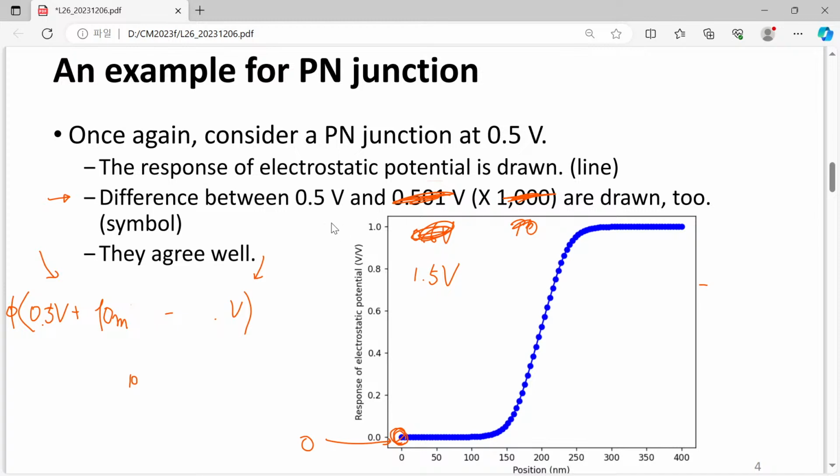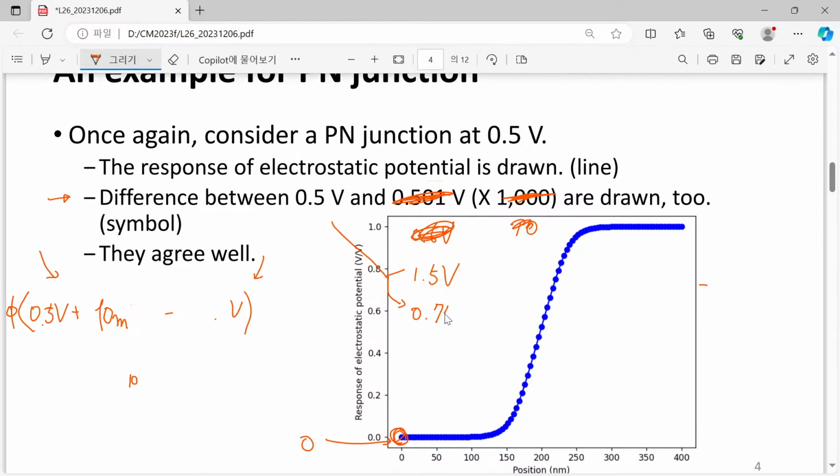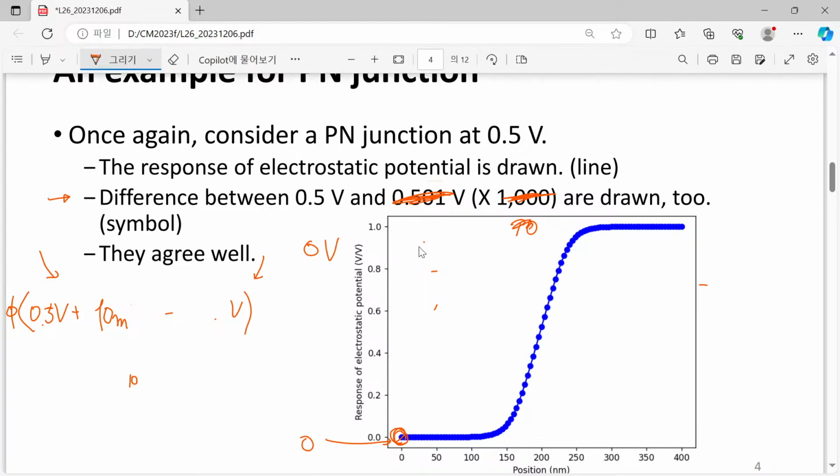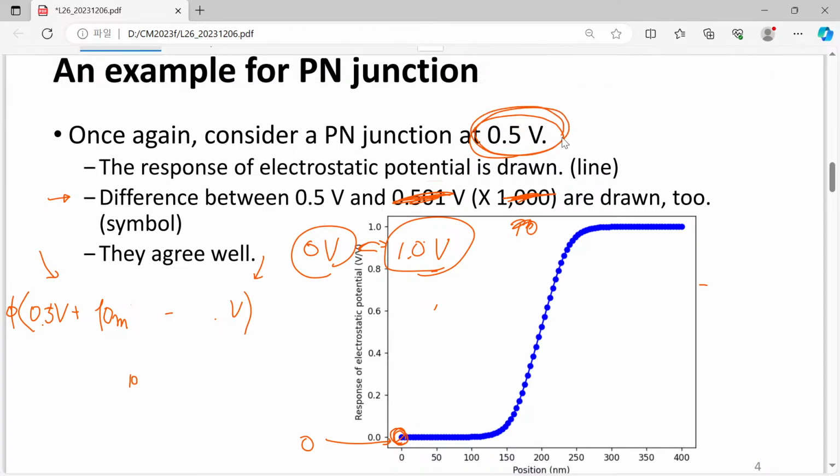Of course, you can find that between 0.5 and 1.5, the midpoint is no longer corresponding to 0.5. Okay, then how about this? I just calculate the equilibrium solution and the 1.0 volt solution and take the difference and say that this is corresponding to the small signal analysis at 0.5 volt.